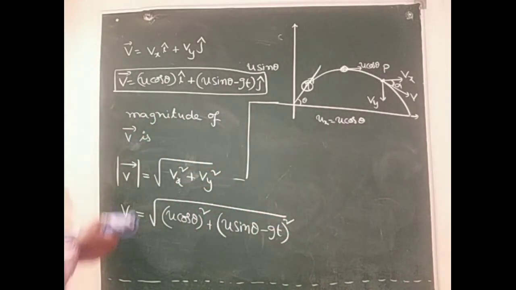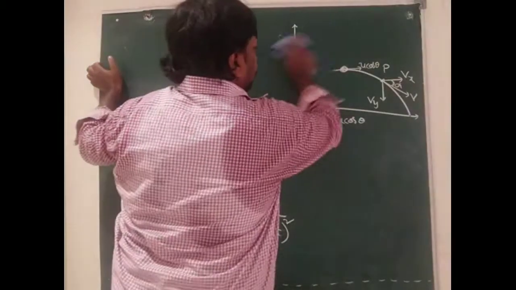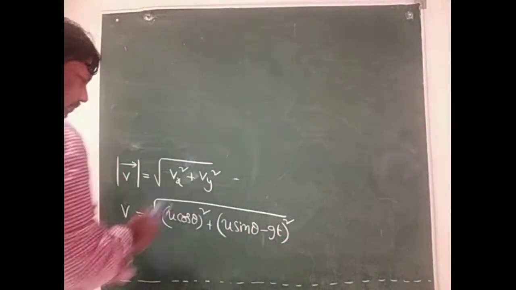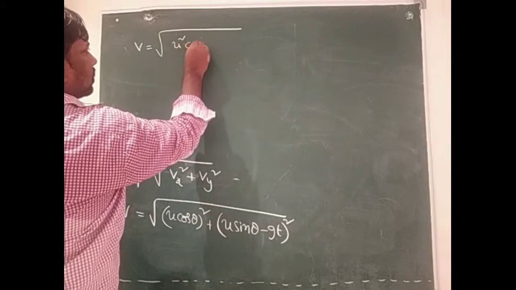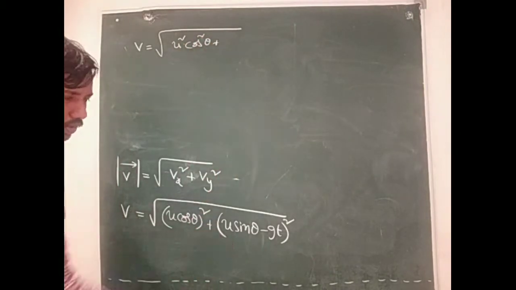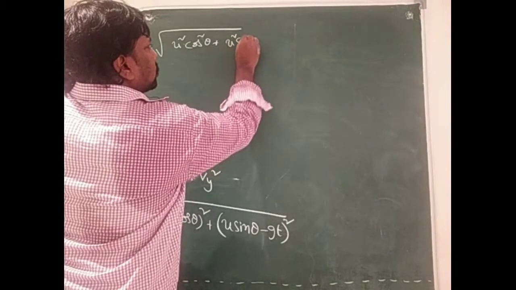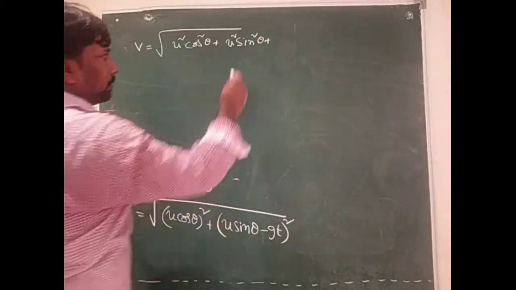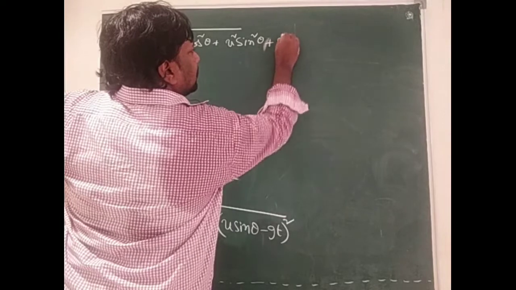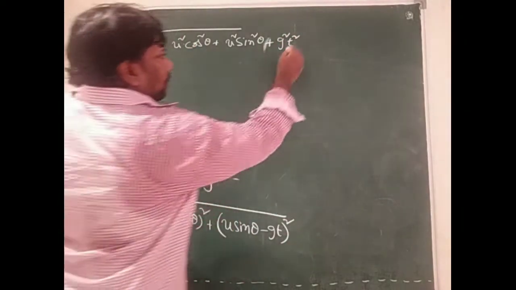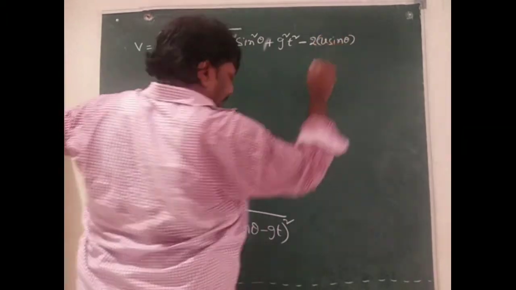Now it can be calculated that v equal to root over u square cos square theta plus, so it is in the form of a minus b whole square, a square, that means u square sin square theta plus, so that means a square plus b square, means g square t square, minus 2ab, 2a means u sin theta and b is gt.